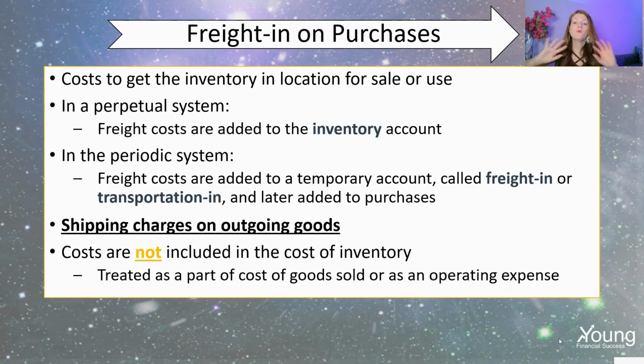Shipping charges when we are shipping goods to our customers are not included in inventory. They are treated as an expense or part of cost of goods sold. So typically on an income statement, if we have to pay to ship out the goods to the customers, you will see a shipping expense line item under our operating expenses.